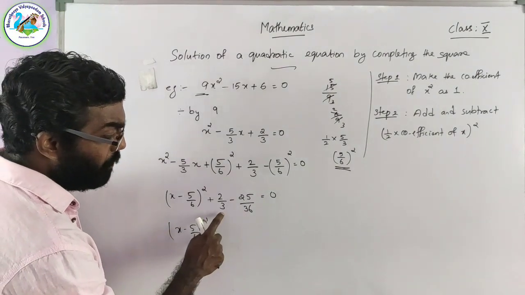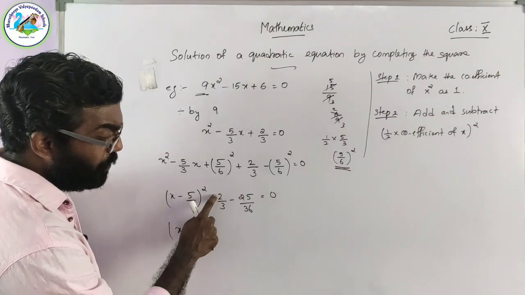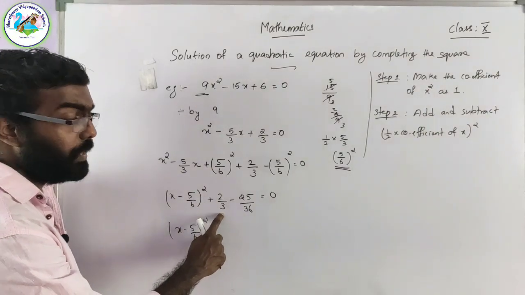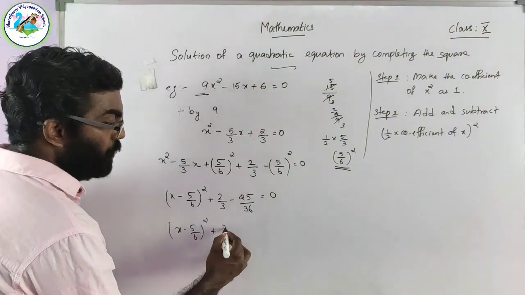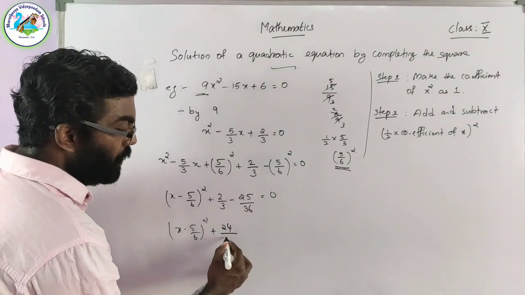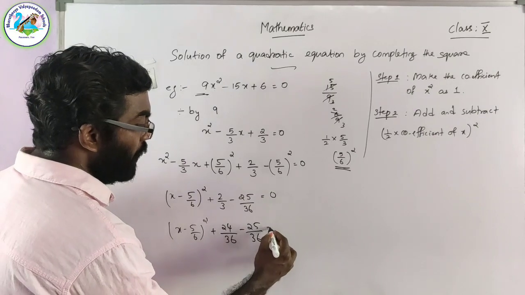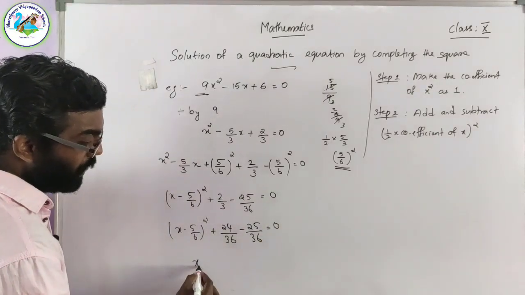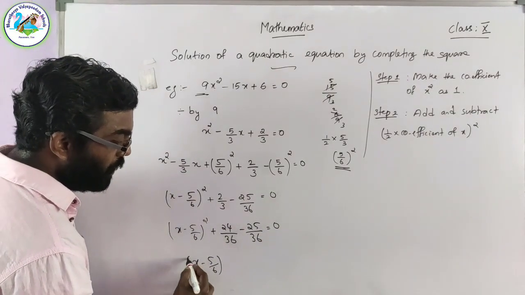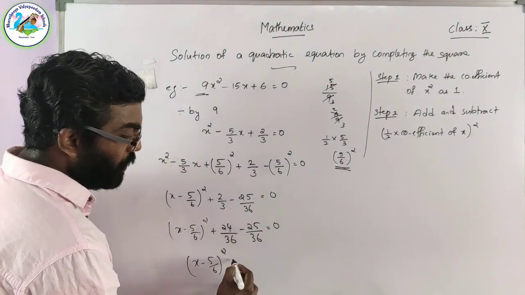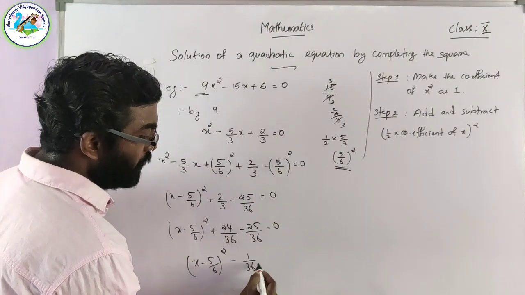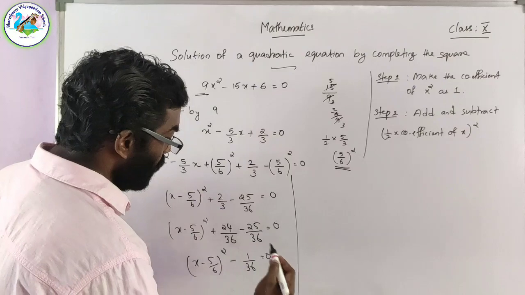For that we can multiply both numerator and denominator by 12. 12 3s are 36. Okay, 12 into 2, 24 divided by 12 into 3, 36. Minus 25 divided by 36, that will be equal to 0. Or x minus 5 by 6 the whole square, 24 minus 25, minus 1 divided by 36 is equal to 0.